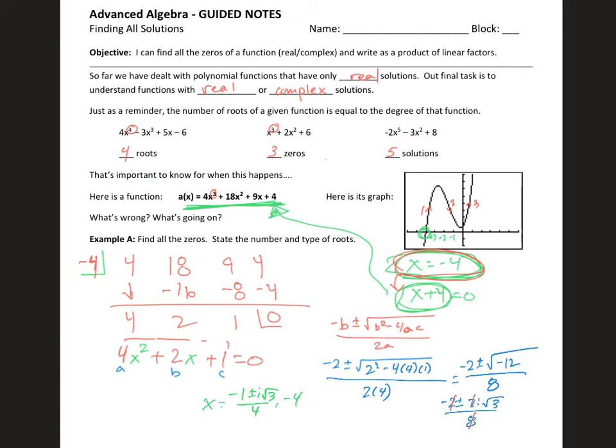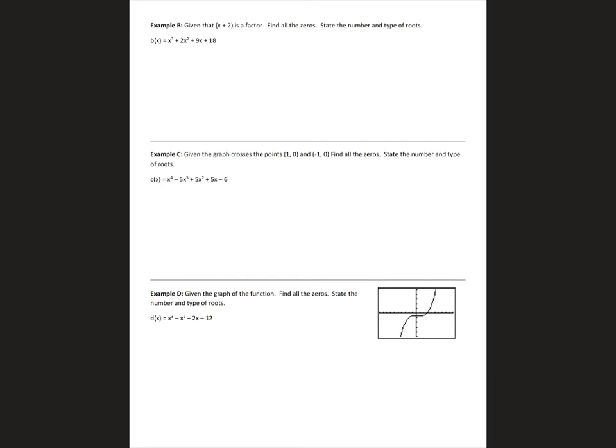So I have x equals those 3 solutions. So it says state the number and the type of root. So I have 2 complex and 1 real root. All right? I'm going to ask you to do this problem by yourself. Pause the video and then answer the Edpuzzle question associated with it.